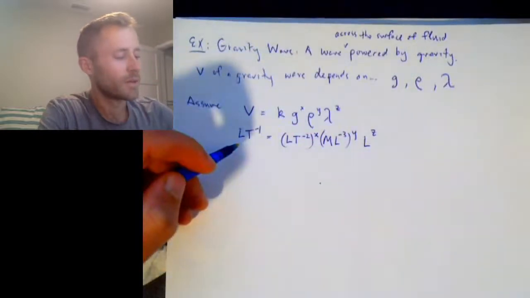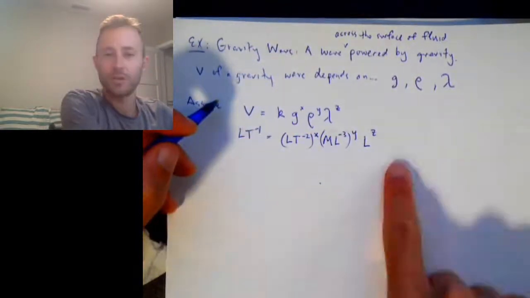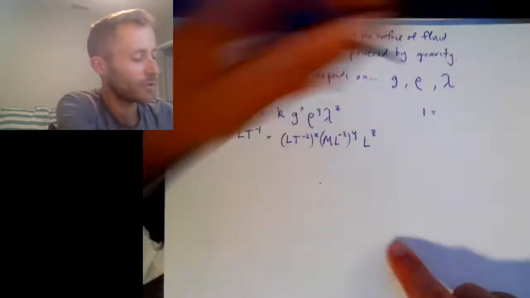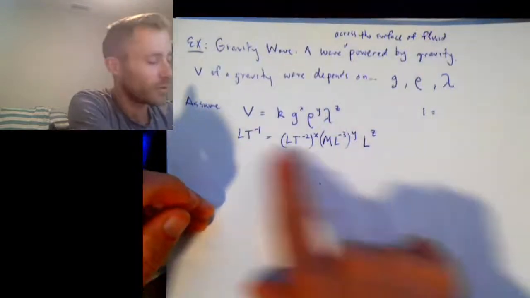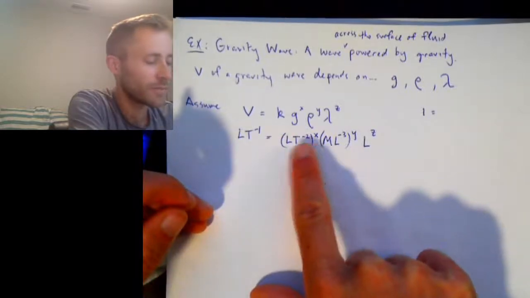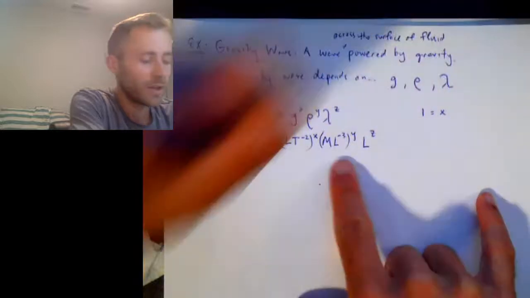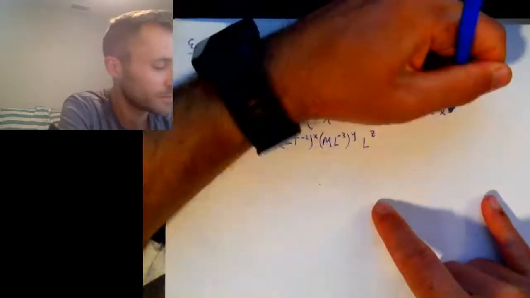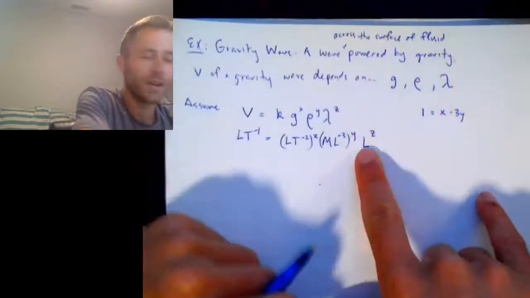Okay, so I'm going to match powers of L on both sides. On the left-hand side, I have L to the 1. On the right-hand side, I have L to the x times L to the minus 3y, and then times L to the z.